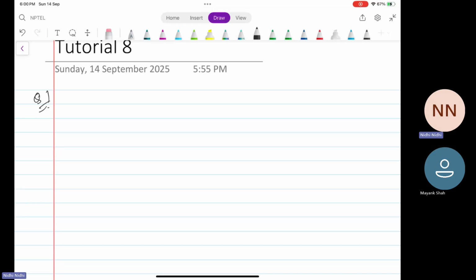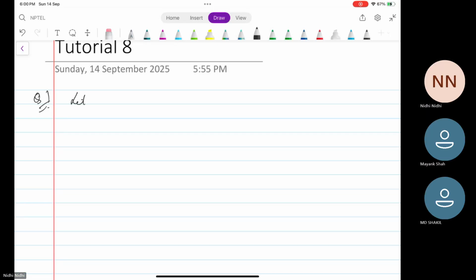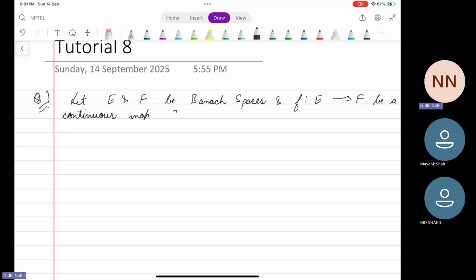Suppose E and F are two Banach spaces, and f is a function from E to F which is a continuous map.